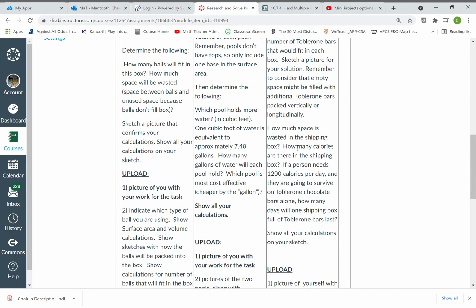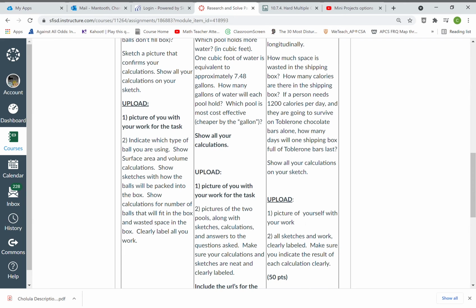How much space is wasted? How many calories are there in the shipping box? So you're going to have to look at the number of calories on your nutrition information. If a person needs 1,200 calories per day and they're going to survive on Toblerone chocolate bars alone, how many days will 1 shipping box full of Toblerone bars last?